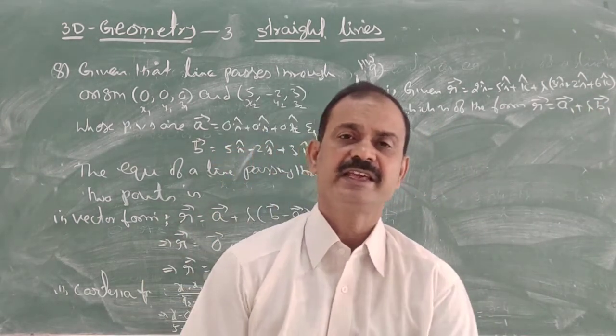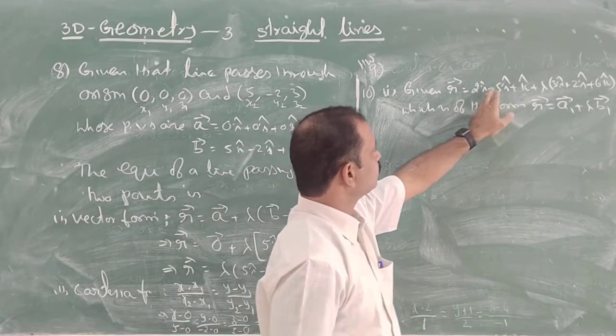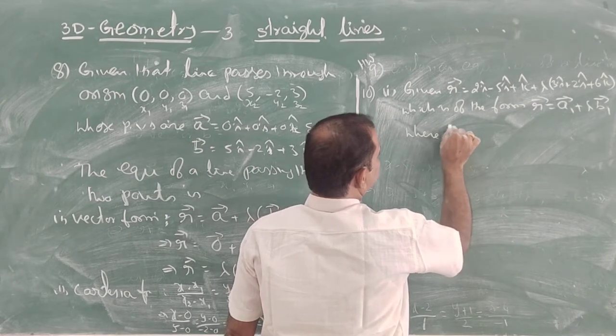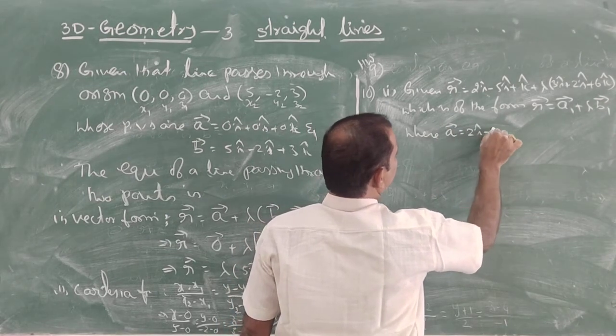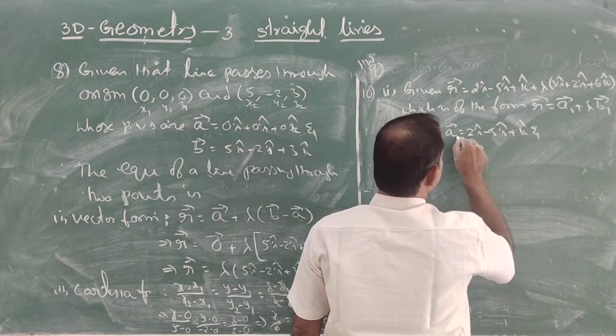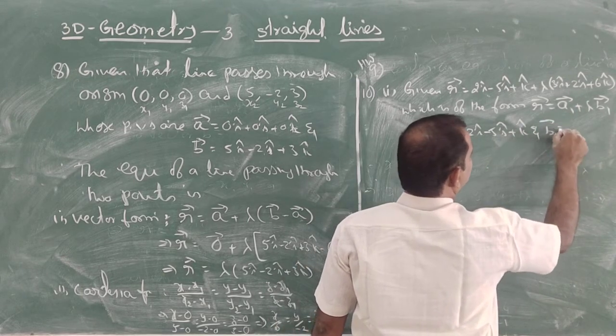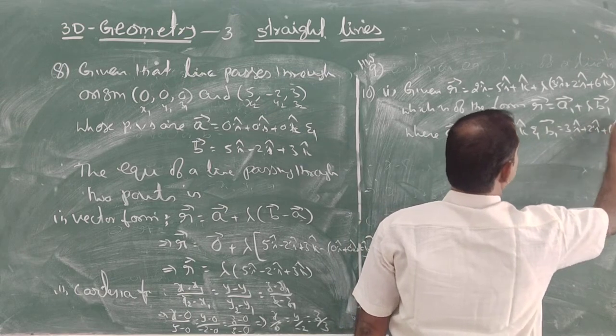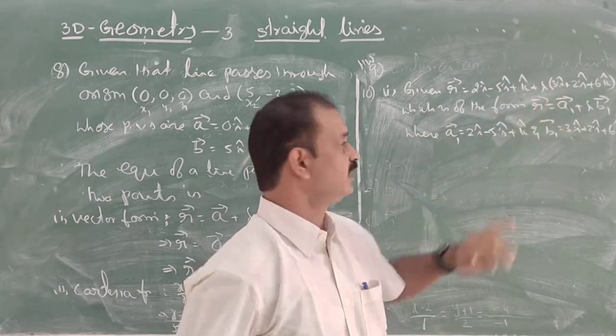So the given line is of the form R = a1 + λb1, where a1 = 2i − 5j + k and b1 = 3i + 2j + 6k. This is about the first line.